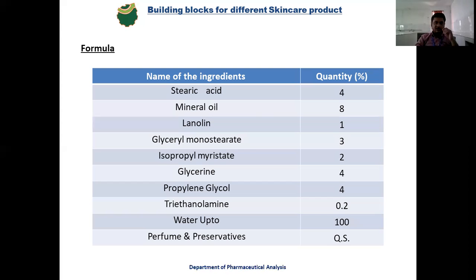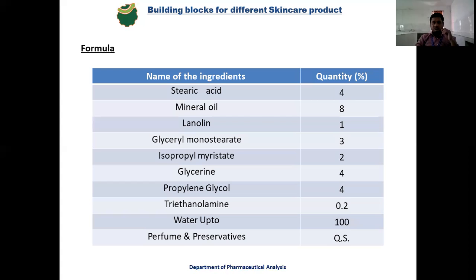Next are glycerin and propylene glycol, which act as humectants. And triethanolamine acts as a pH modifier. Means if you want to adjust the pH of that particular product, you have to add triethanolamine.